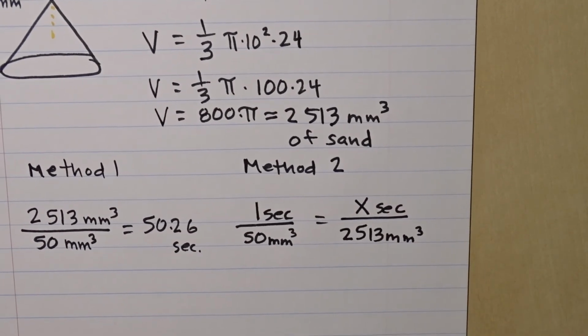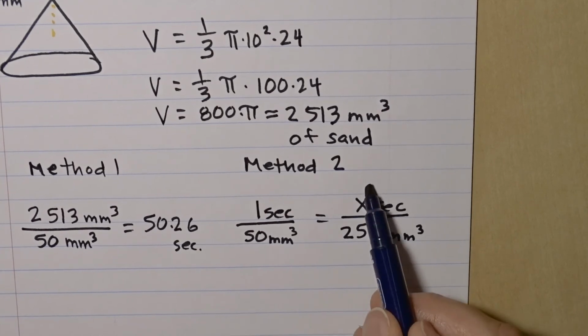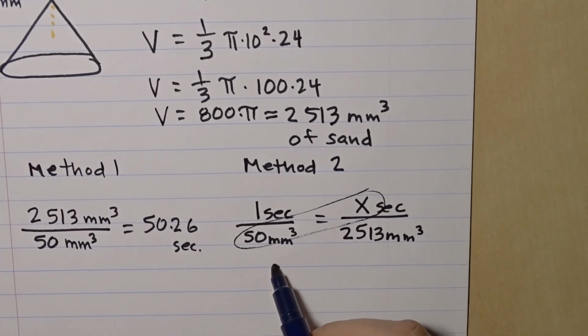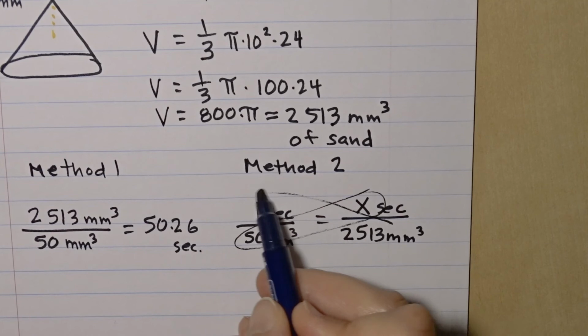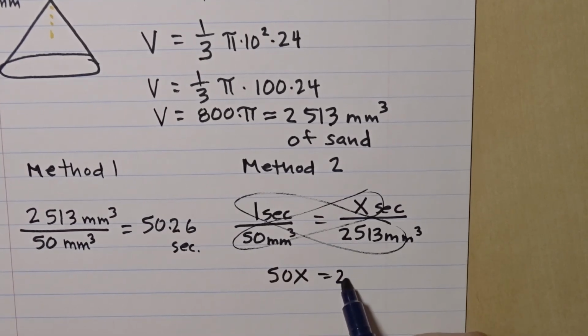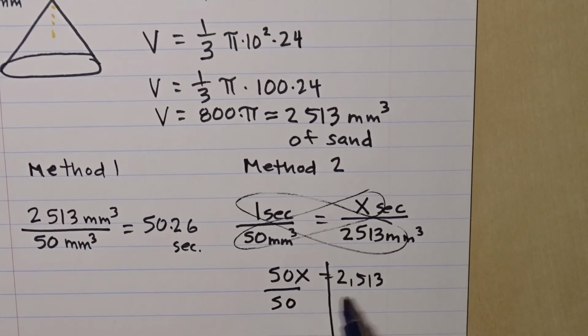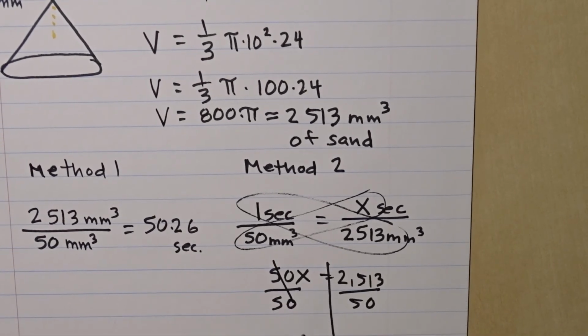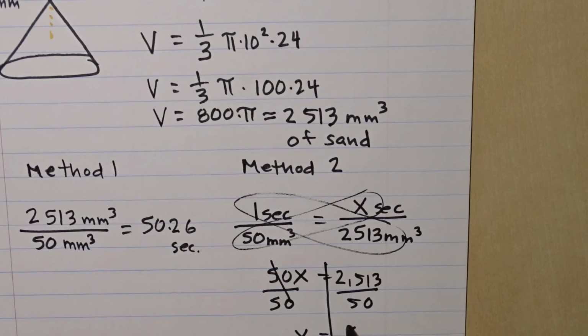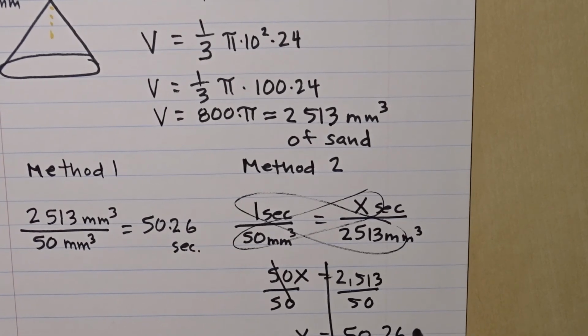So you just set up a proportion. And then you would cross multiply 50x, cross multiply 2,513. You end up with the same math, and you get your answer was 50.26 seconds.